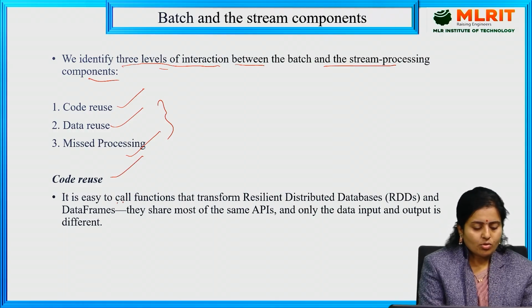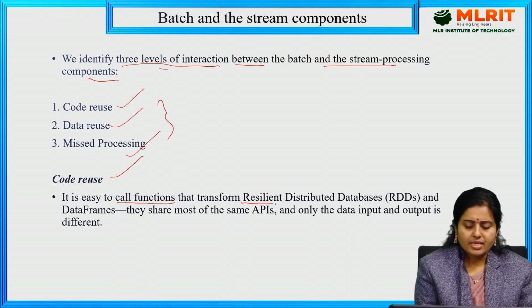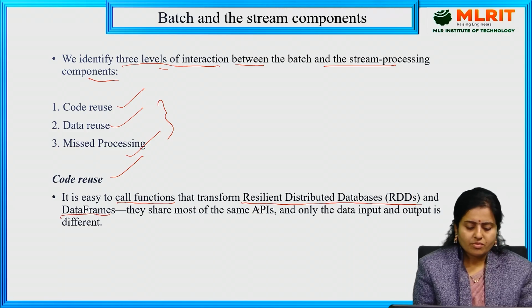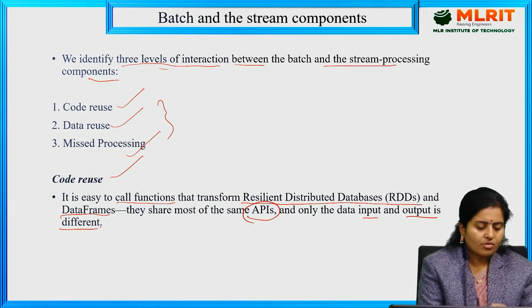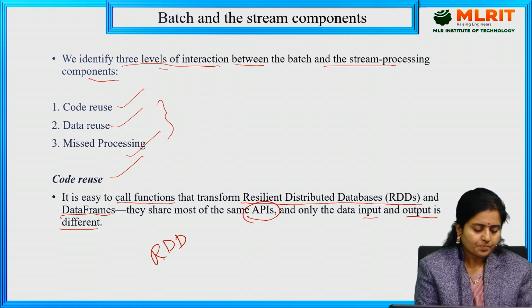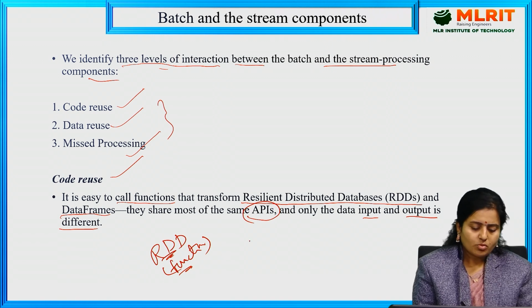It is easy to call functions that transform resilient distributed data sets and data frames. They share most of the same APIs, and only the data input and output is different. So these RDDs have functions, and they share most of the APIs.